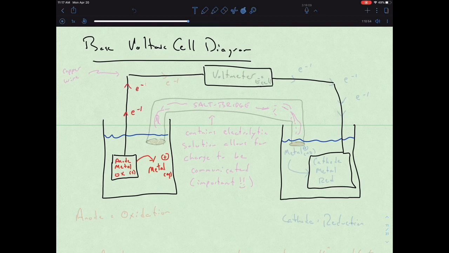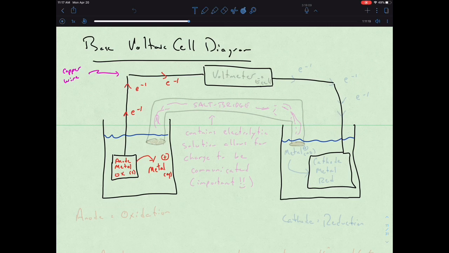So you can envision those coming up, basically a copper wire. Or just a wire in general to allow for conductance of electrons. Tend to use copper.